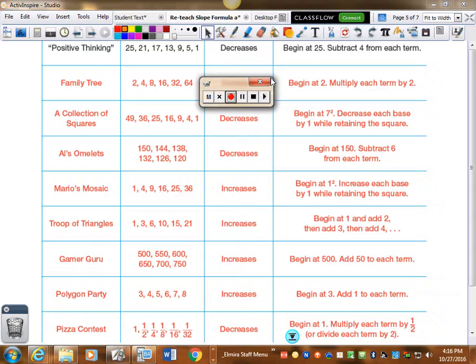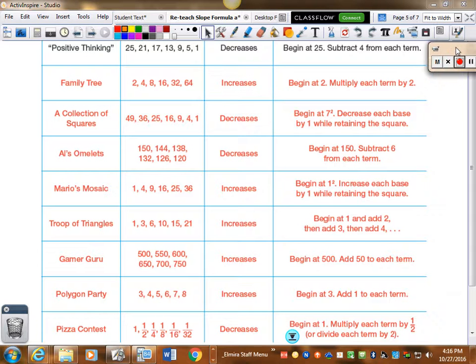Alright guys, so at the tail end of 4.1 you filled in this chart that talks about each sequence from 4.1, and the main thing I want you to look at in this chart that's leading us into our 4.2 lesson is, I'm going to color code and see if you can see the connections here.